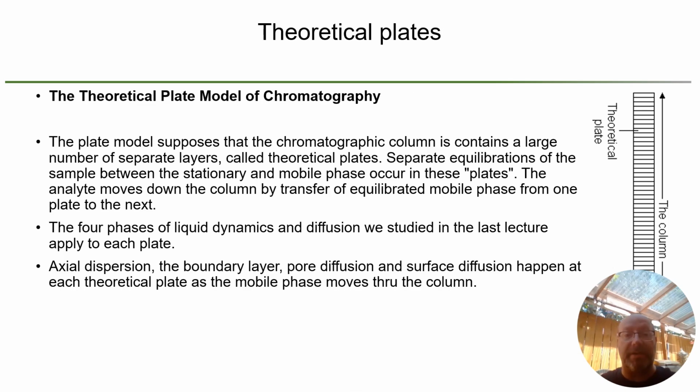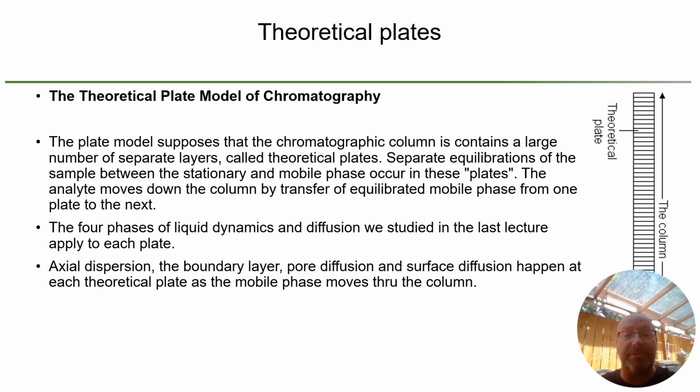Theoretical plates. Now this is where we're going to get into what a theoretical plate is. If you missed the quick lecture we had on this in lab, you're going to want to pay attention to this. The plate model supposes that the chromatography column contains a large number of separate layers called theoretical plates.